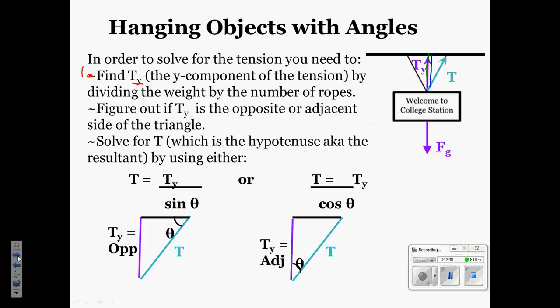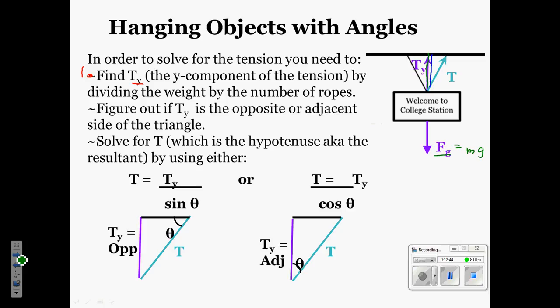So what I end up doing is I take the force that they give me, which is always or typically going to be the FG, and if they don't give me the FG, they'll give me the mass. And if I'm given the mass, then I just use the acceleration due to gravity to find my FG.